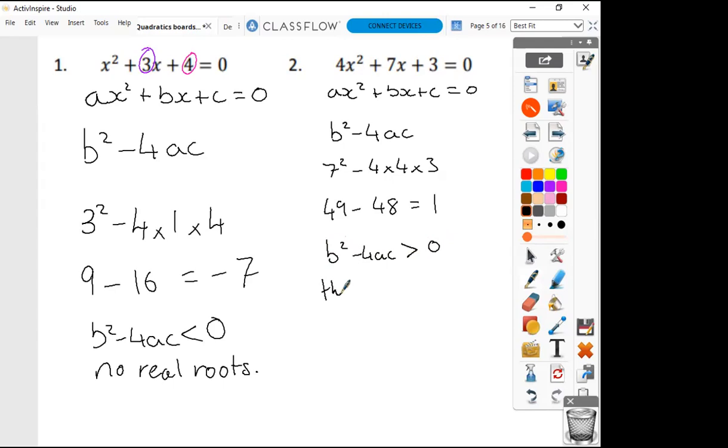Therefore, there are two real and distinct roots. So the fact that b squared minus 4ac is greater than 0 means there's two real and distinct roots.